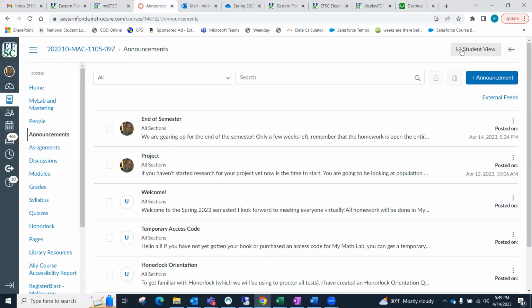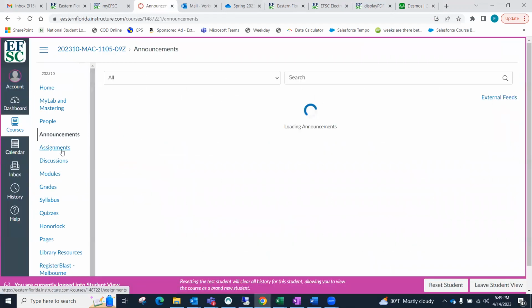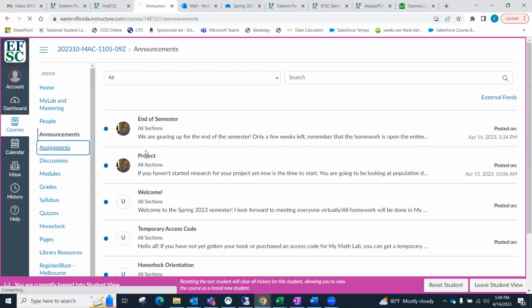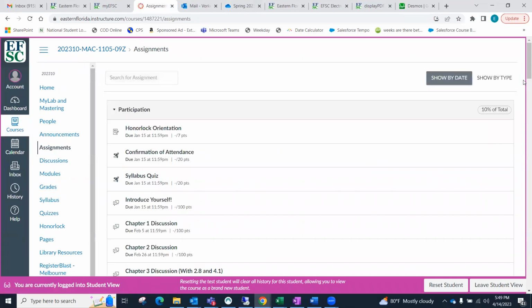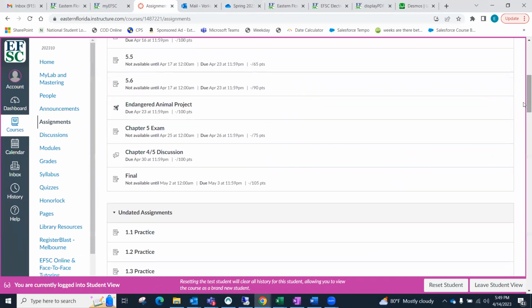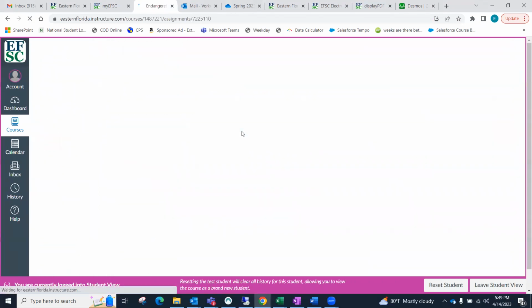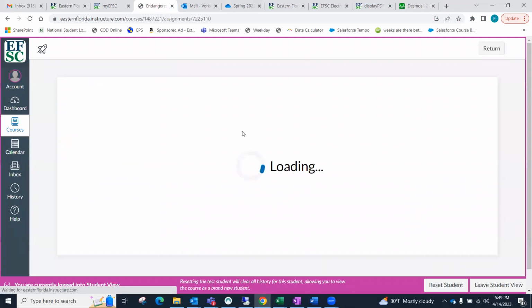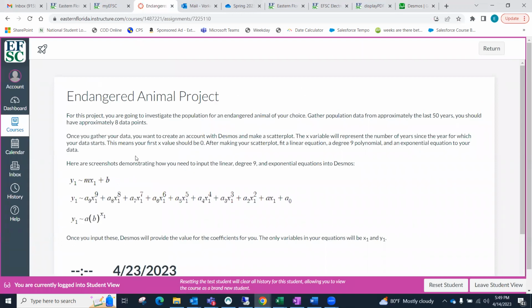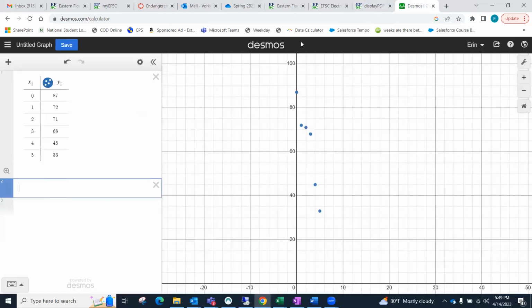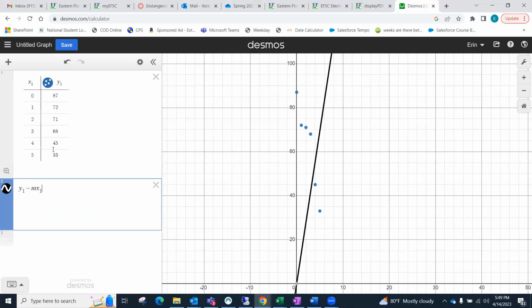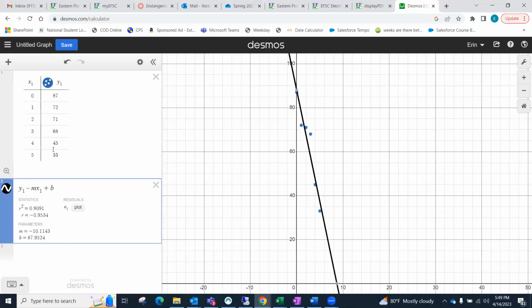So if you go into Canvas, into the assignments, you're not going to be able to copy and paste because I took screenshots, but you want to type in your equations exactly as I wrote them here. So the first one is y1 tilde m x1 plus b.